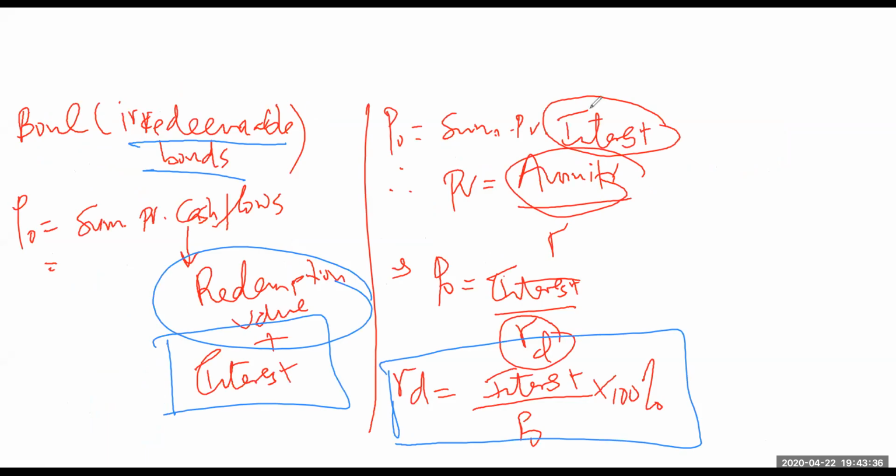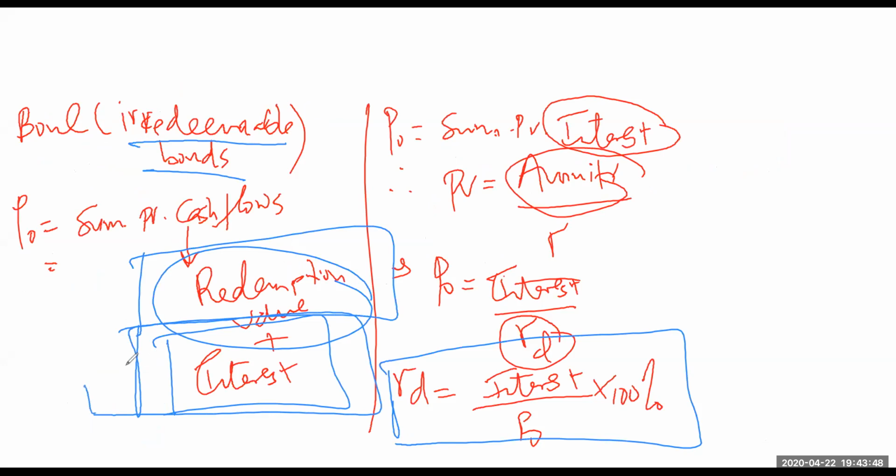As a holder, what do you get? You get the redemption value which you have here, and you get the interest, which I think you already included here. The market value of that bond is the sum of the present value of the redemption value and the present value of the interest.